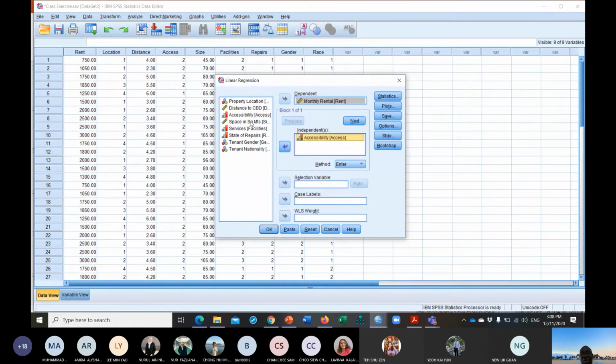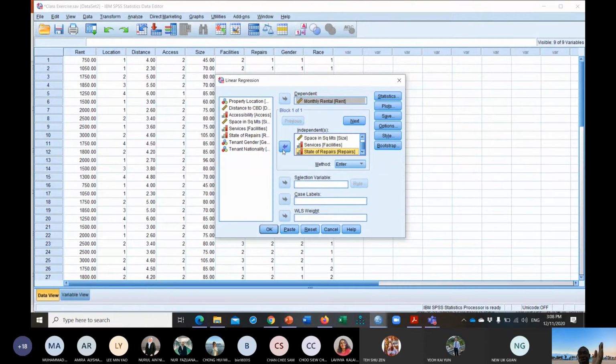We have also identified space in terms of size, we put it there. We have also identified services in terms of facilities, we put it inside. And we also identify repairs, the state of repairs of the property, we put it inside.